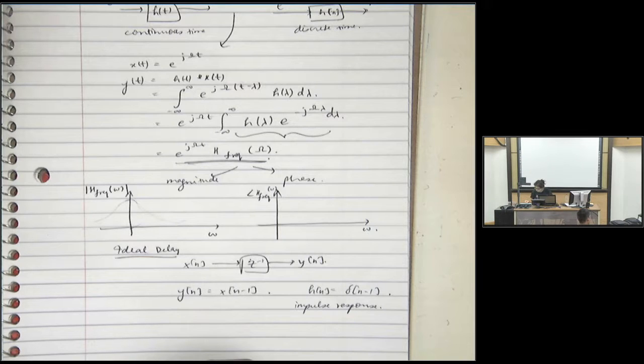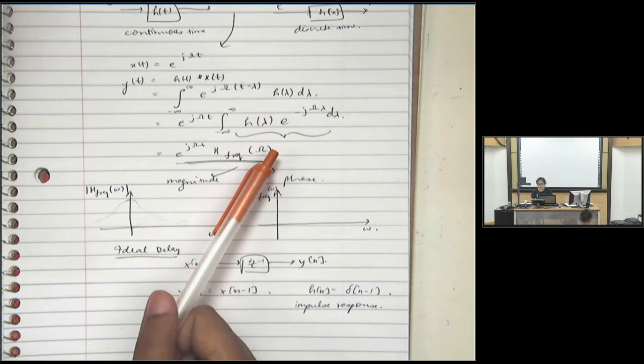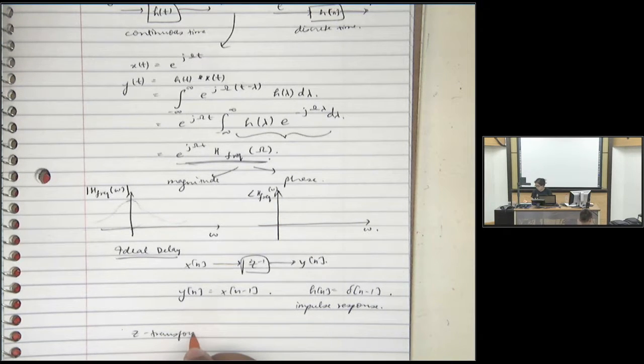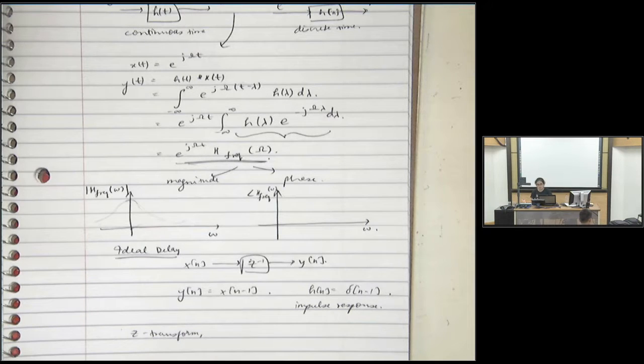Alright, so I can take Fourier transform directly, or I can go from z domain to frequency domain. So let's take the z transform. What will be my z transform? Oh, sorry, z transform of this equation.